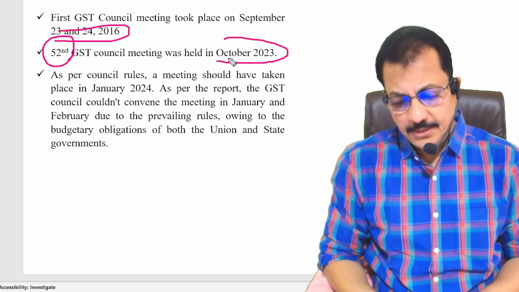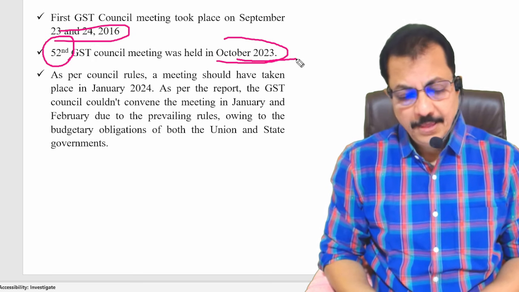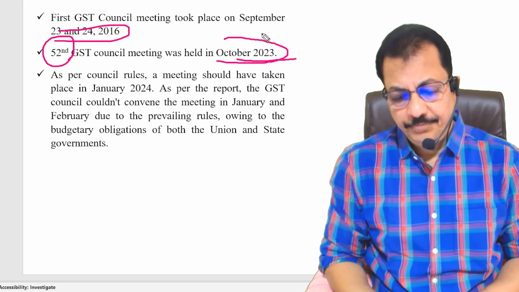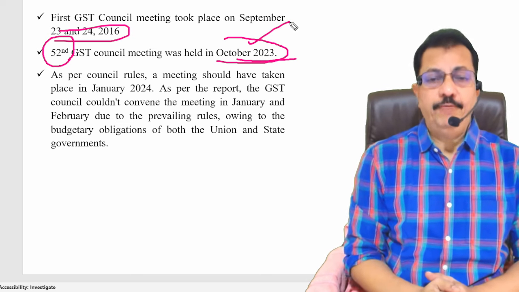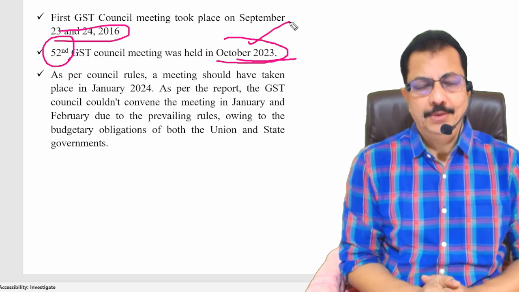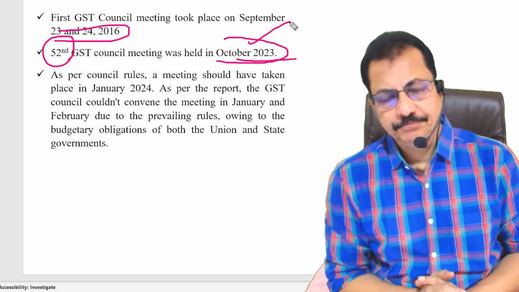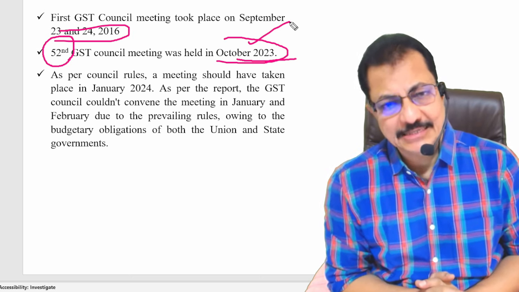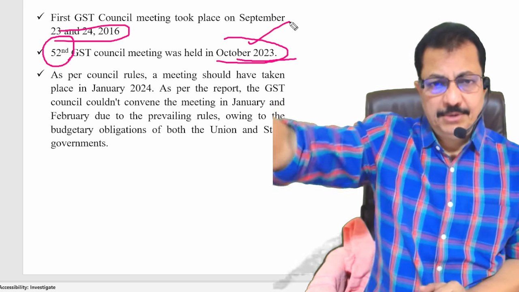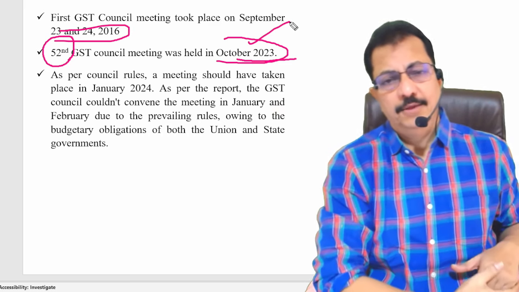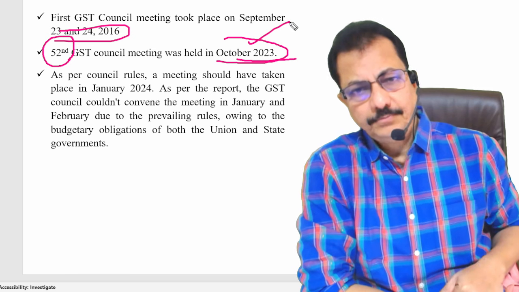So for us, the latest information is the 52nd GST council held in October 2023. Clear? Before your examination, if a GST council meeting is held, that will become the 53rd GST council, and in the examination they may ask you regarding the 52nd GST council. Am I clear?